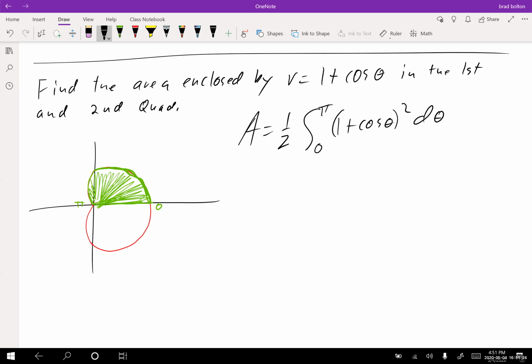Okay, so for this particular problem, let's see here, where are we at? We're going to have to do another reduction, but we're going to FOIL it out first. So this will be 1 plus 2 cosine theta plus cosine squared theta d theta.